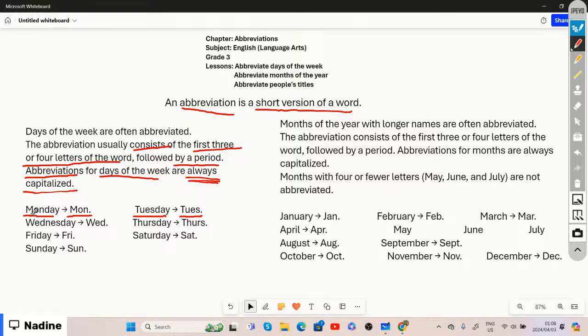Then if we abbreviate Wednesday, we say it's Wednesday, but the way it's written, it sounds like Wed-nes-day. And Wednesday is just Wed.